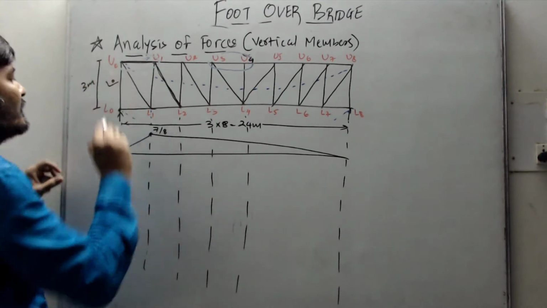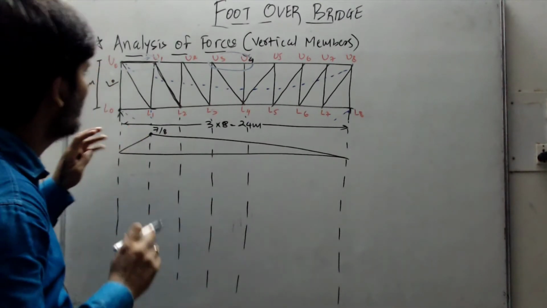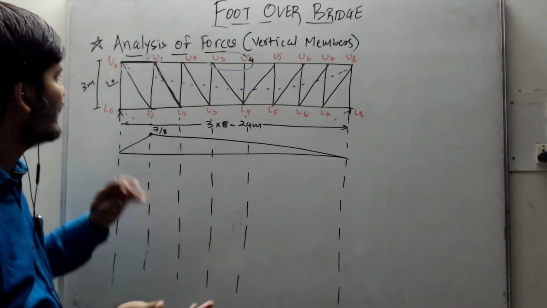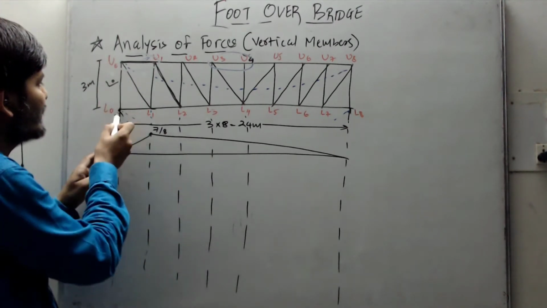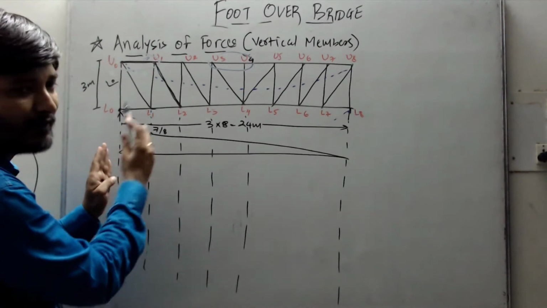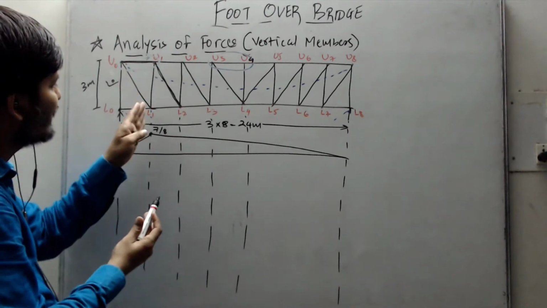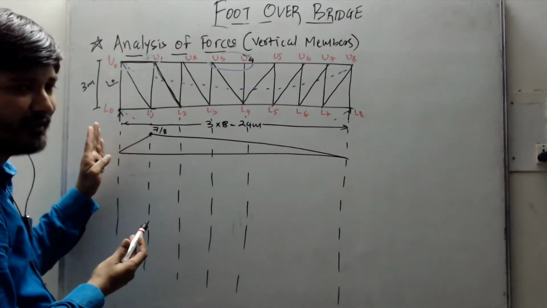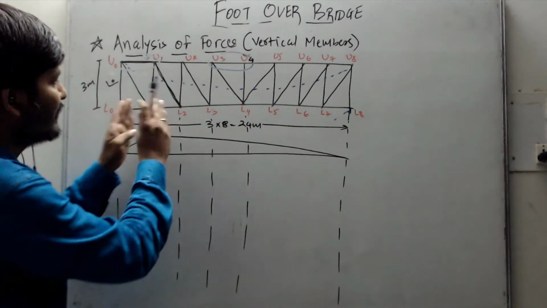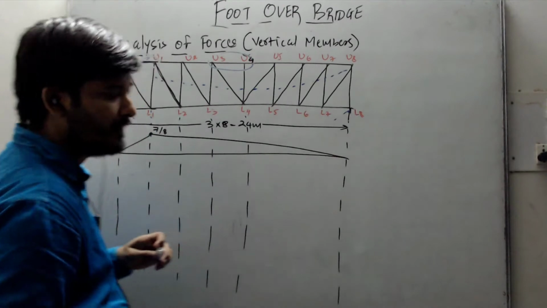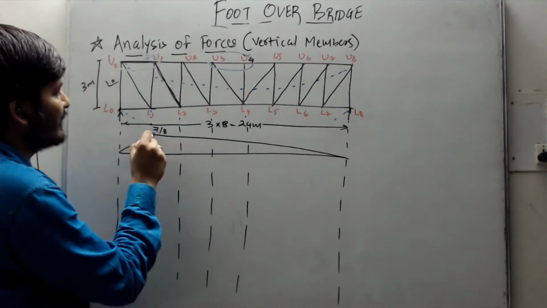Now how do we get this value? I'm just giving you a thumb rule for that. Suppose you are calculating the value in u0 l0, you need to shift to the next vertical member, that is u1 l1. Now you need to see on the right hand side how many vertical members are remaining, or say how many spans.